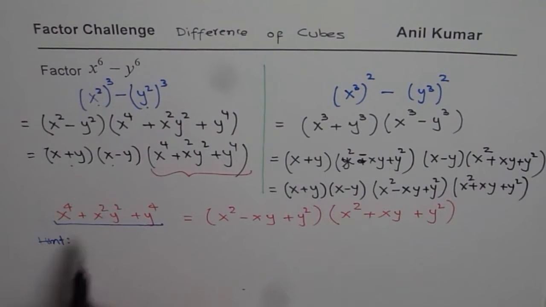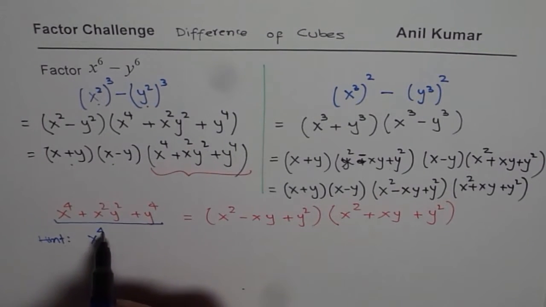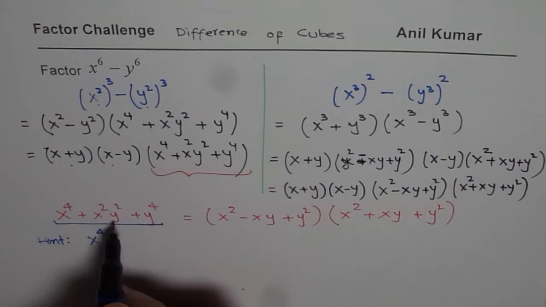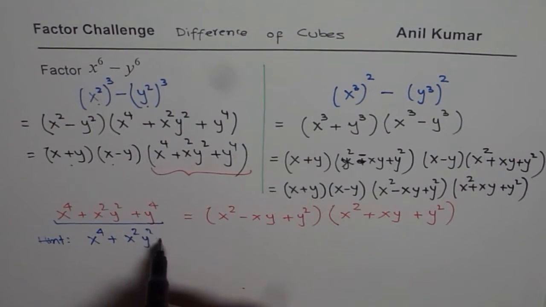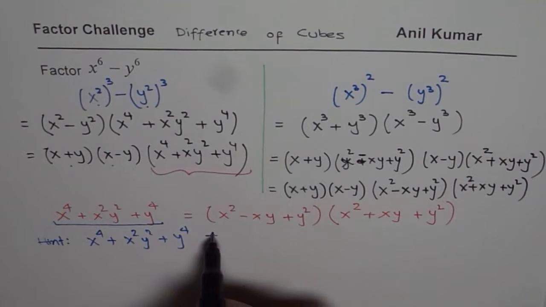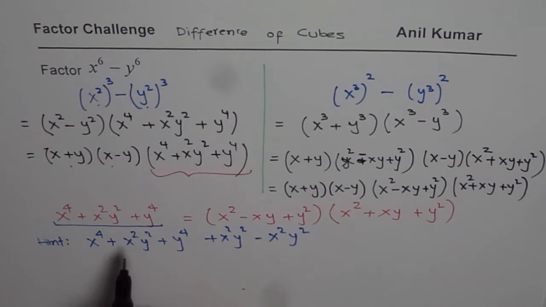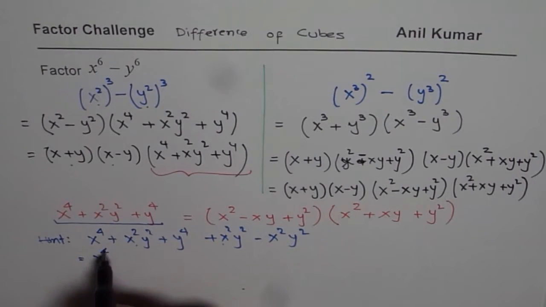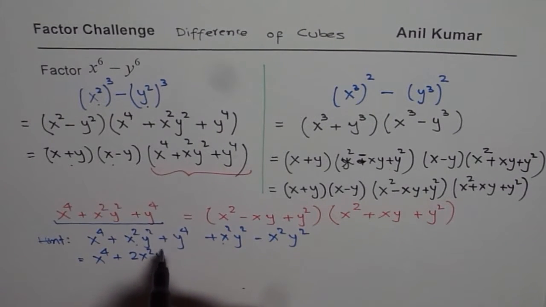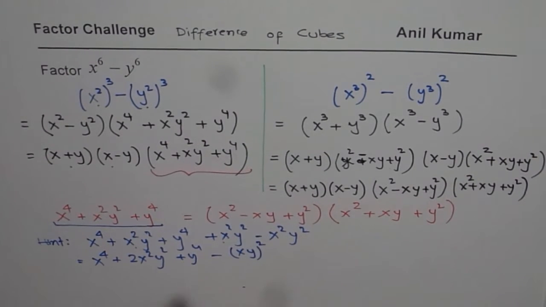If you are starting from left side, you can write this as, think like this, x to the power 4 plus, if I add and subtract x square y square, then what happens? See here, it is x square y square plus y to the power of 4. If I add x square y square and subtract x square y square, I get 2 x square y square, right? I could write this as x to the power of 4 plus 2 x square y square plus y to the power of 4 minus, let me write this as (xy) whole square.